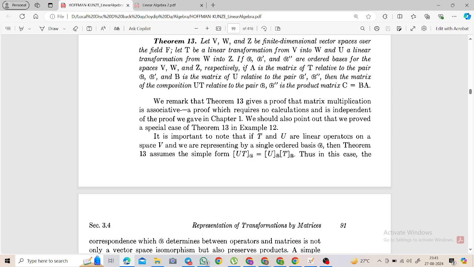Okay, so basically for the composition of linear maps, the matrix representation is the product of the matrices of each linear map.